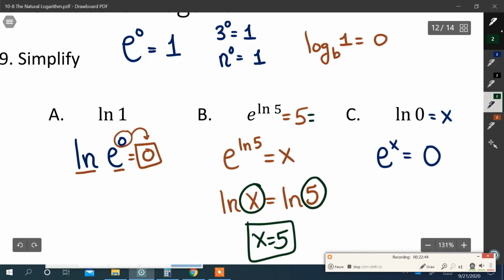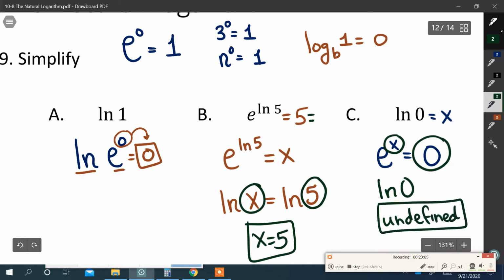The reason for that is because we cannot find any x or any exponent in such a way that will give you 0. So natural log of 0 is actually undefined. We cannot find that. So we say that that's undefined.